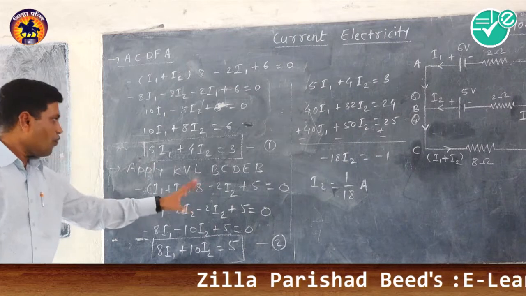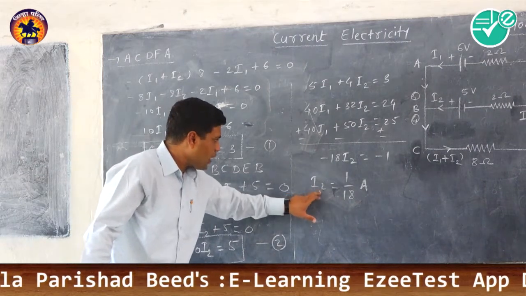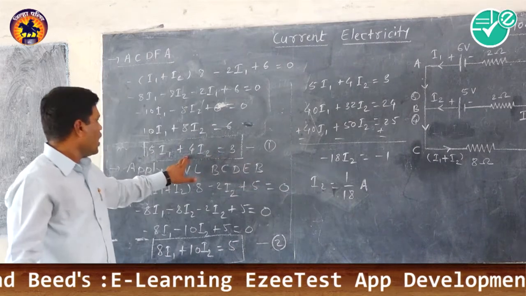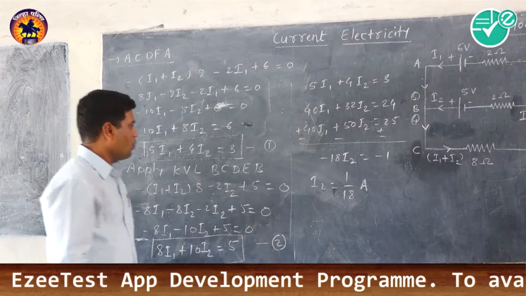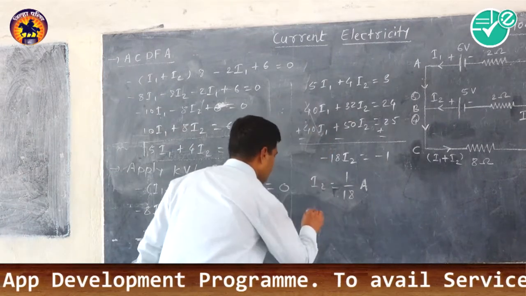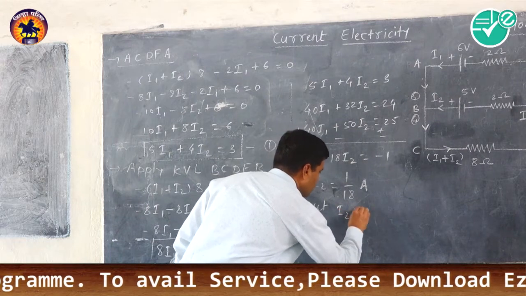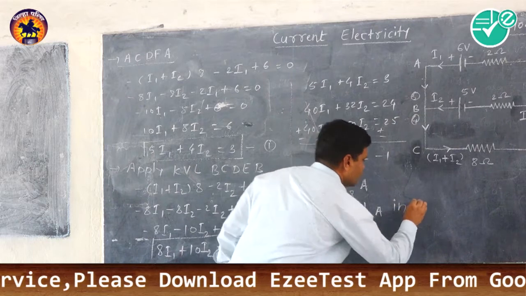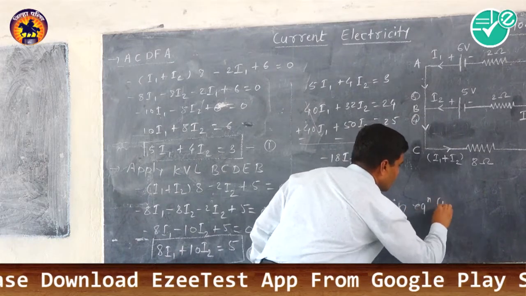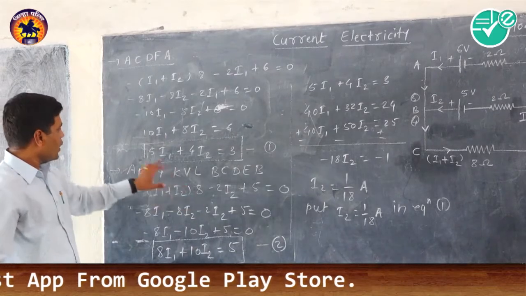So put this value of I2 in any one of the equations. We put this value of I2 in equation 1, and from that we can calculate the value of I1. Put I2 is equal to 1 upon 18 ampere in equation first.